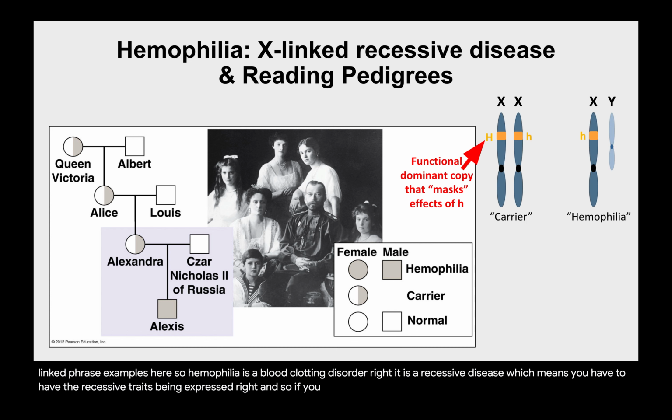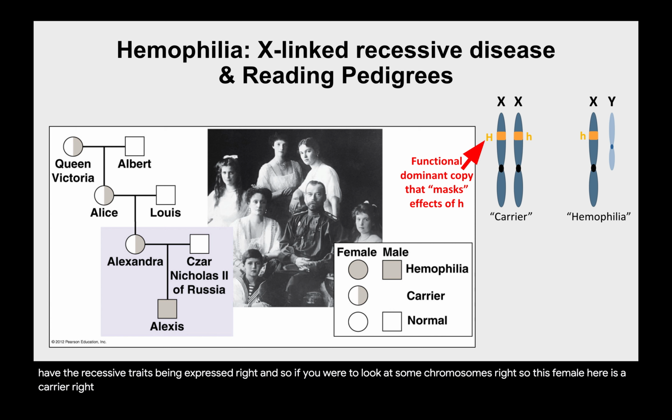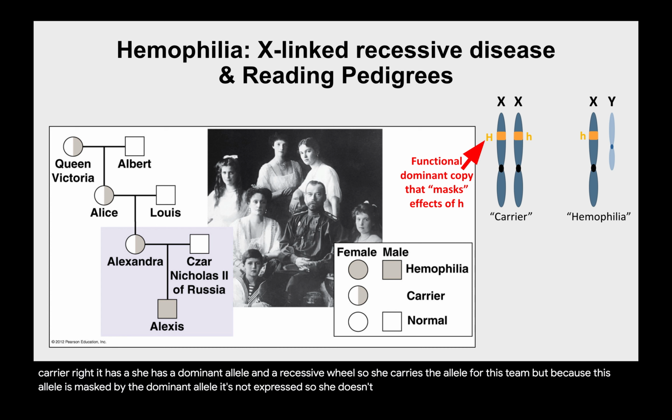If we look at some chromosomes, this female here is a carrier. She has a dominant allele and a recessive allele. She carries the allele for this gene, but because it is masked by the dominant allele, it's not expressed, so she doesn't have the disease.